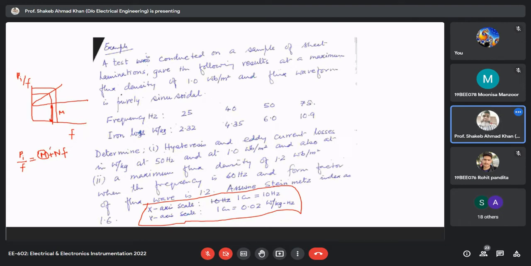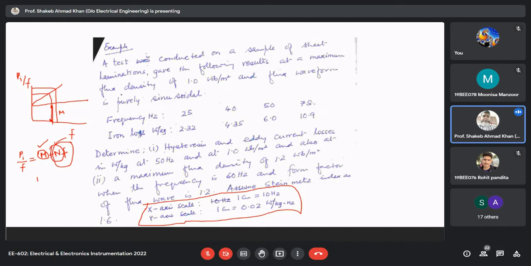So that will be n. And once from this plot you are able to find these two values, the intercept on the y-axis and the slope of the straight line, then you know this part represents the hysteresis loss per unit frequency, and this whole part represents the eddy current loss per unit frequency.